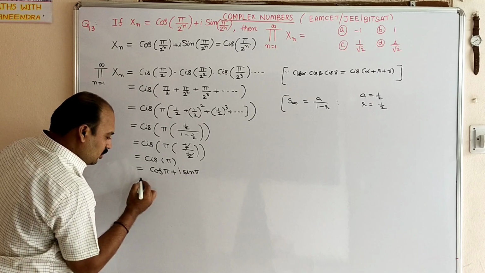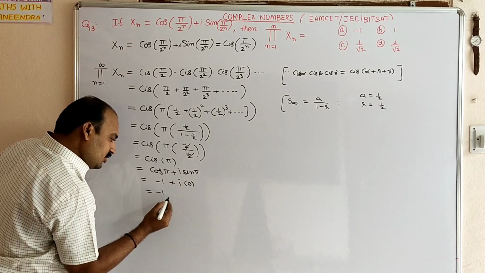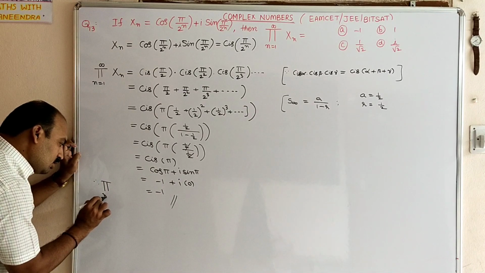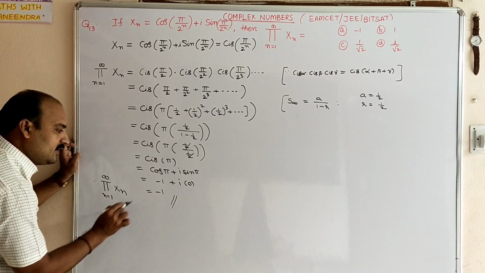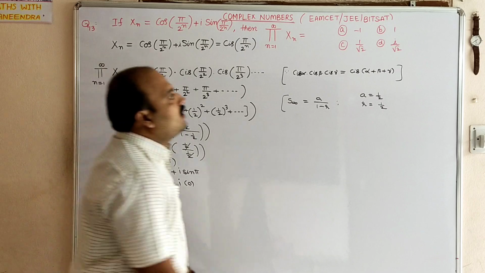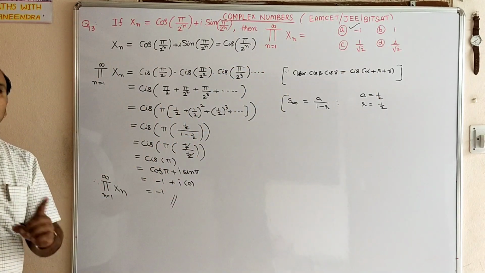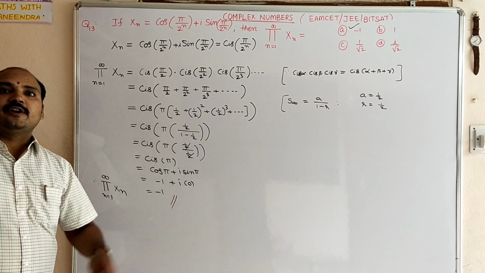Sin pi value is 0, cos pi value is minus 1. So ultimately this value is equal to minus 1. Therefore, product of n equal to 1 to infinity of capital Xn is equal to minus 1, which is there in the first option. For these types of questions you have to concentrate, dear students, in competitive examinations like MHT-CET, BITSAT and JEE Mains.